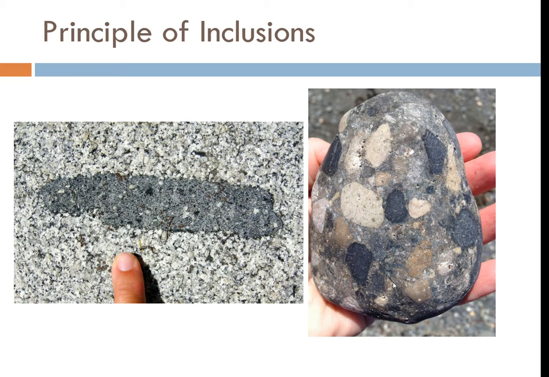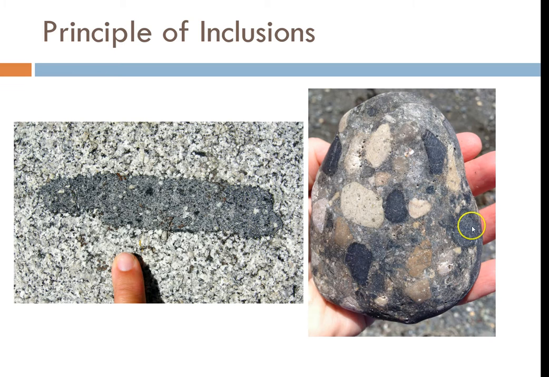Now what the principle of inclusions tells us is that the inclusion is always older than the rock that contains it. All right, so in order to form this conglomerate, you had to form all these rocks, and then they had to weather into these little pebbles, and then we could put it all together as one big conglomerate.